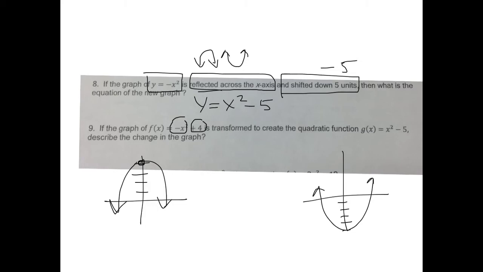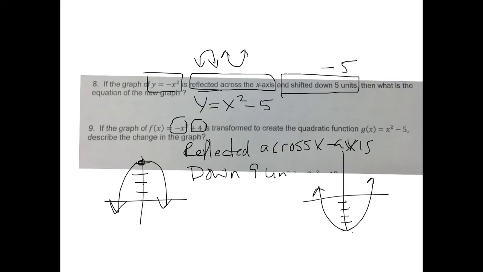So describe the changes: reflected across the x-axis, and that's your flip. Then this used to be 4 above, 1, 2, 3, 4. Now it's 5, 6, 7, 8, 9. So it's down 9 units. From 4 all the way down to -5. It's 9 spaces down the number line.